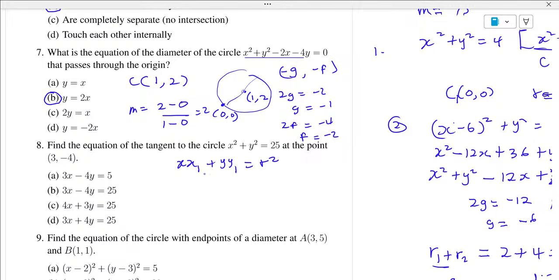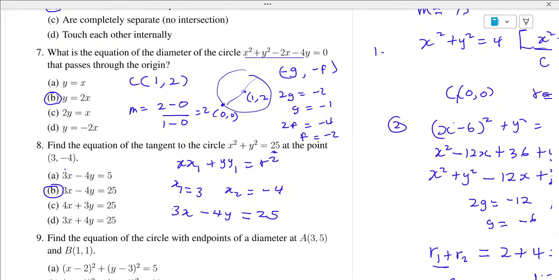At the given point, x1 is 3 and y1 is negative 4. We substitute everything here, and we have 3x minus 4y equal to 25, which is the radius squared. And so the correct answer is B.